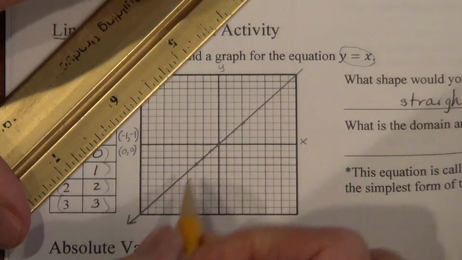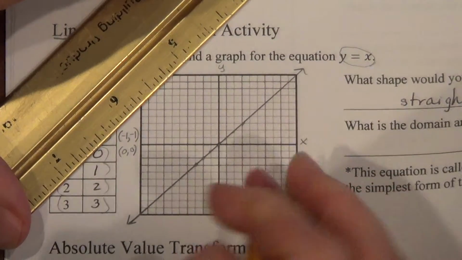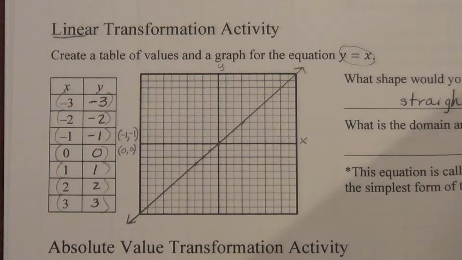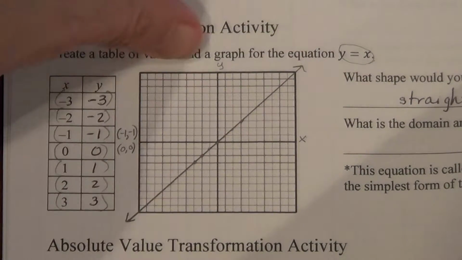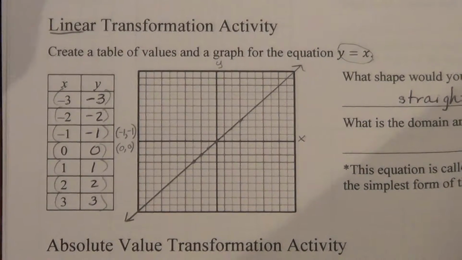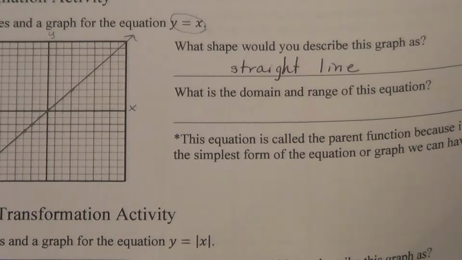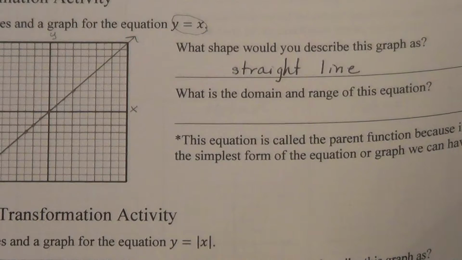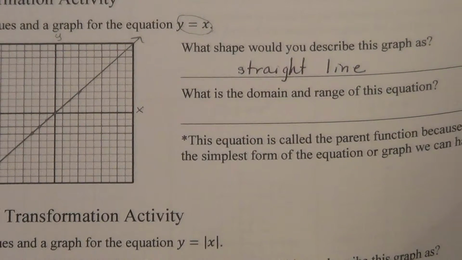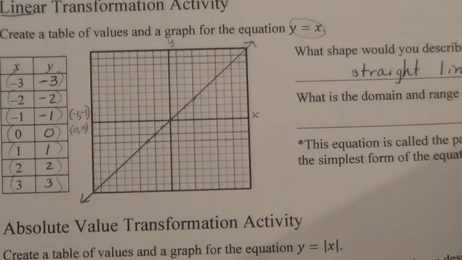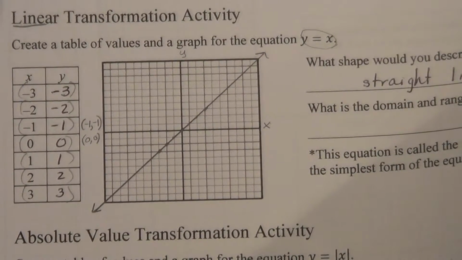Make sure to extend it across the graph with the arrow tips on each end. Now, our question off to the side here has been, what shape would you describe that graph as? It's a straight line. We'll come back to the question on domain and range in a minute, but we just want to get these lines graphed.